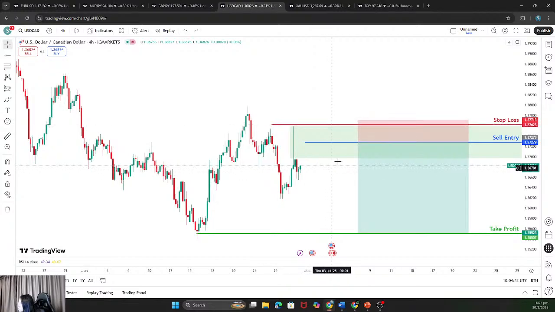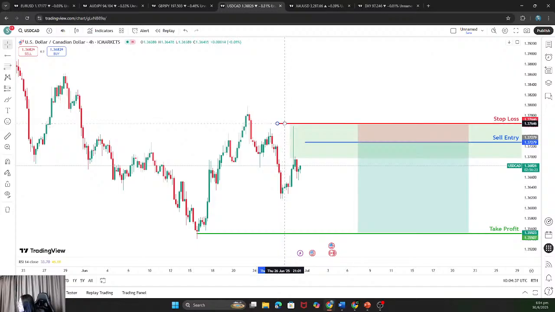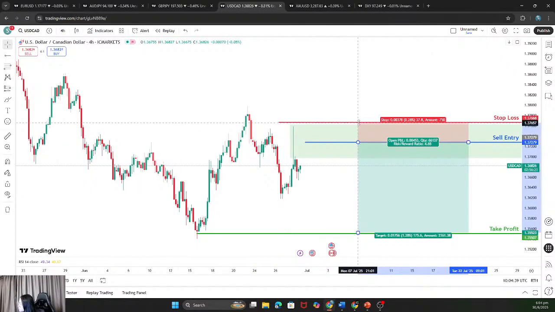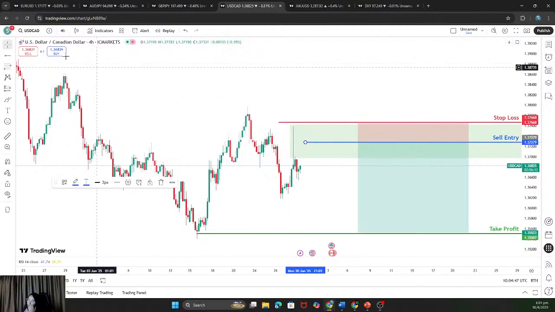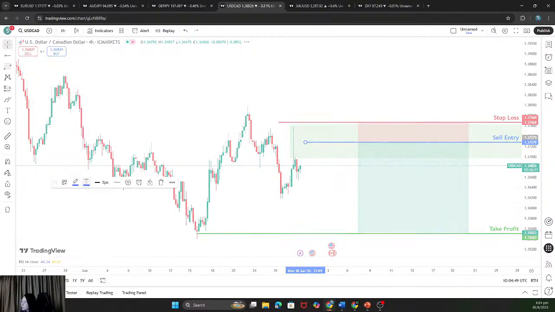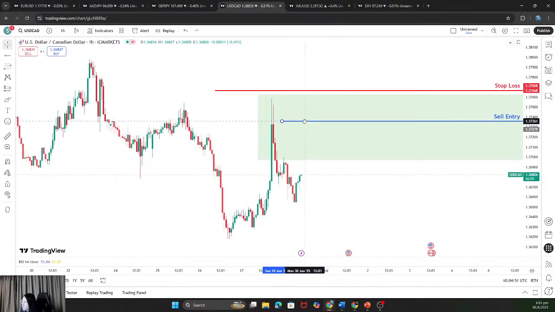Very, very tight entry, somewhere along here. Bringing this even higher. So again, guys, may or may not work. Oh, great.